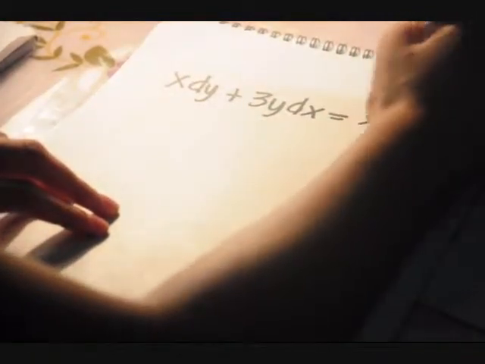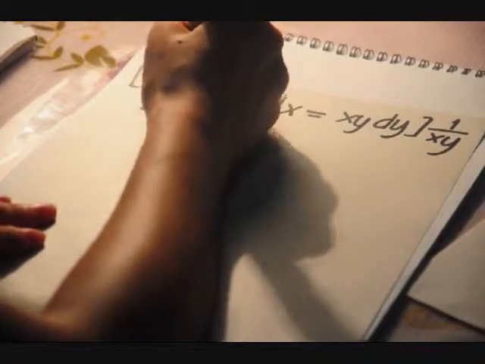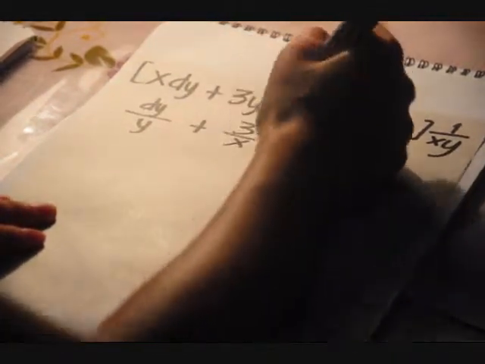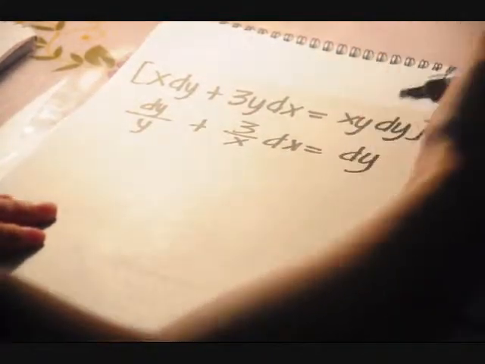So x dy plus 3y dx equal to xy dy, times 1 over xy, we have dy over y plus 3 over x dx equal to dy.